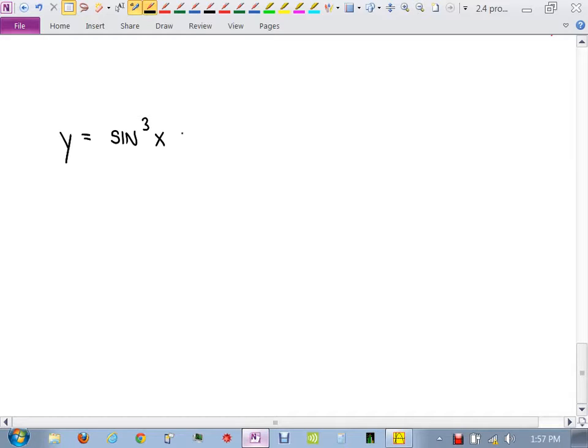So how can I look at this as a product of two things? How about sine x times sine squared x? That's a product, isn't it? And then I could look at the first one as being f and the second one as being g. Do y'all agree with that?